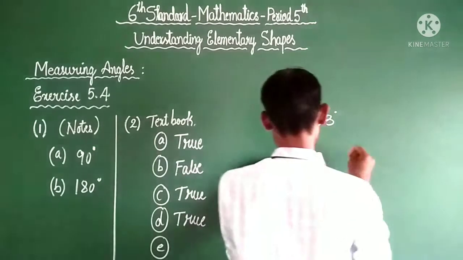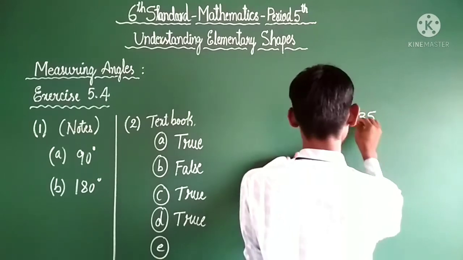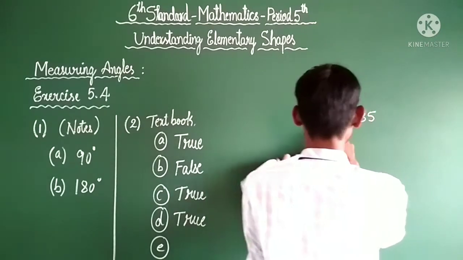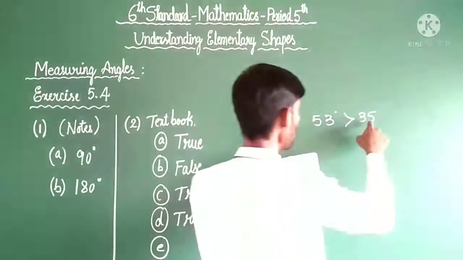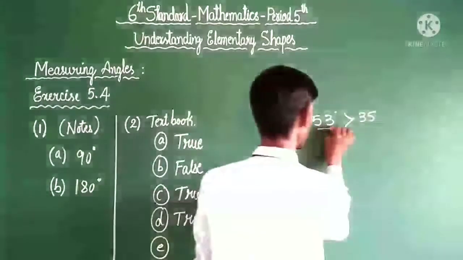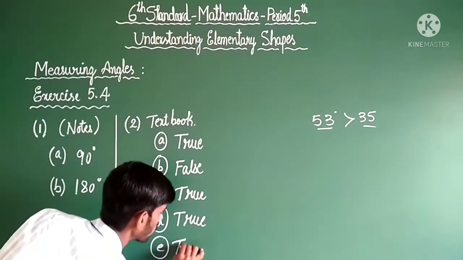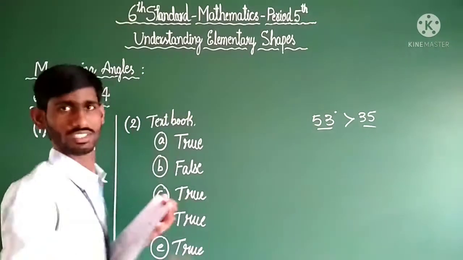Angle B is 35 degree. According to the statement, 53 is greater than 35. Yes, of course, proper statement. 53 is bigger, 35 is smaller. So the statement is true. Clear?